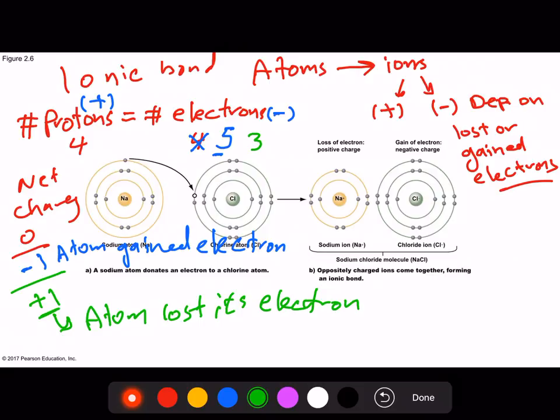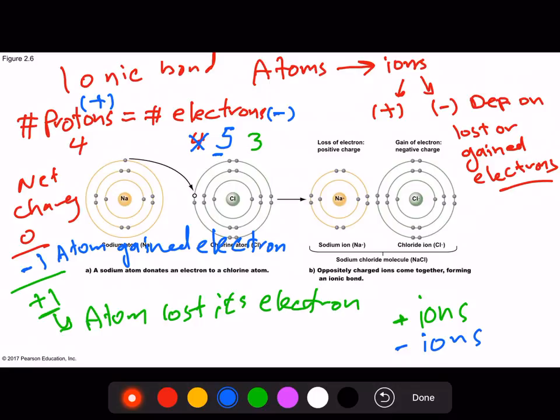So when they are losing or gaining, they are turning into ions, either positive ions or negative ions. And these, as we said, are going to be different ones.